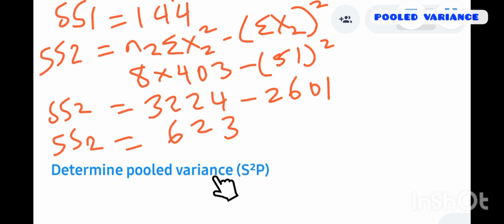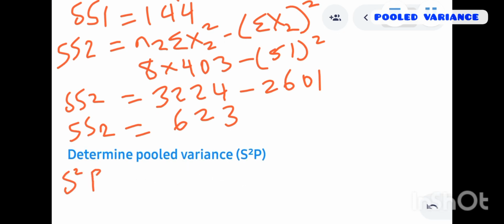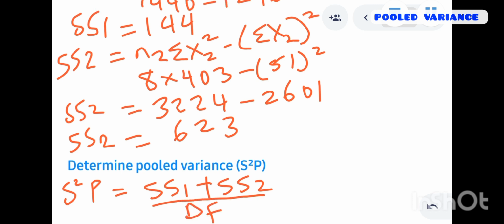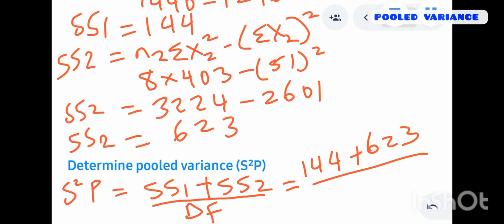Next step says determine pooled variance. We represent that with sum of squares for group 1 plus sum of squares for group 2, divided by the degree of freedom. So we have 144 plus 623, divided by the degree of freedom. Let's check the degree of freedom again.